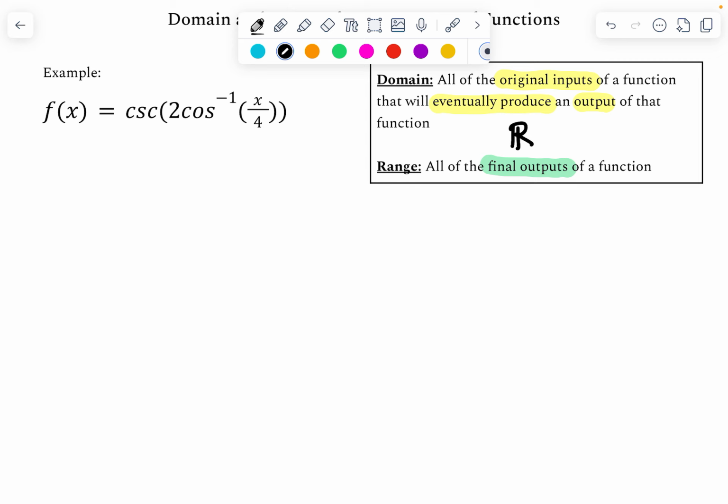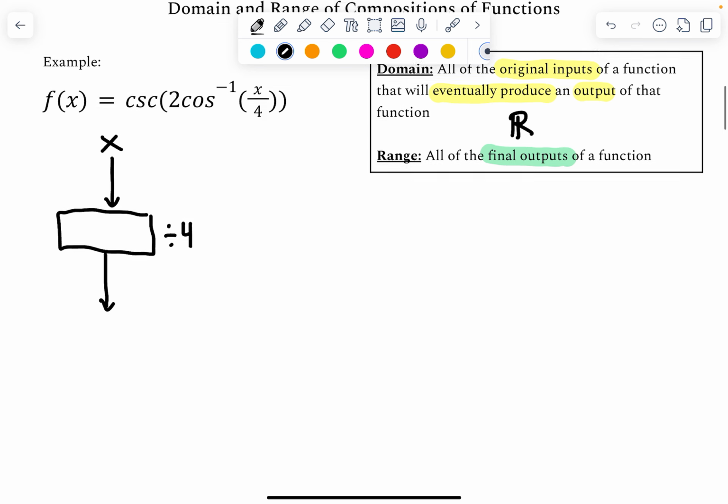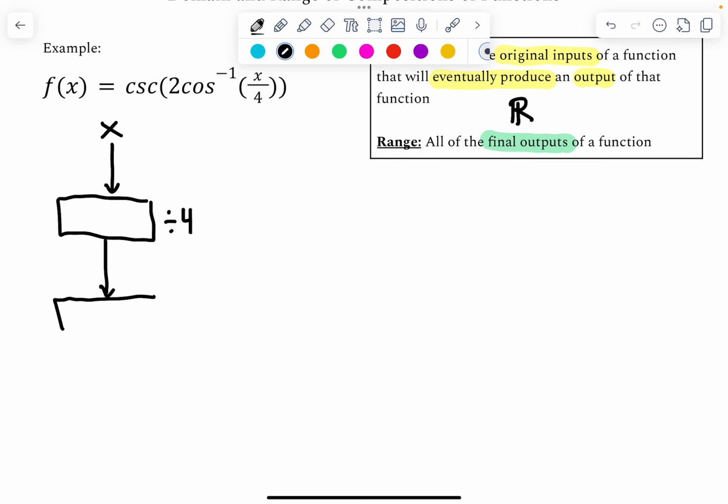To do this, I want to break down the layers of my function. So here I have a function, cosecant of 2 cos inverse of x over 4. I start with my x's, and with those x's, I'm going to take all those values and divide them by 4. Next, with all those values divided by 4, I'm going to input those values into the arc cosine function.